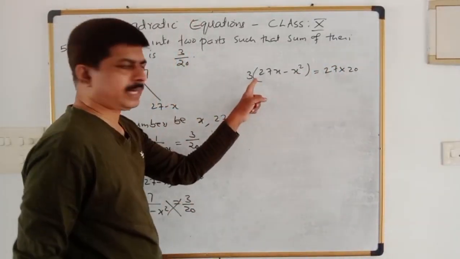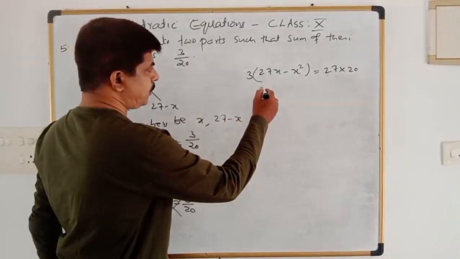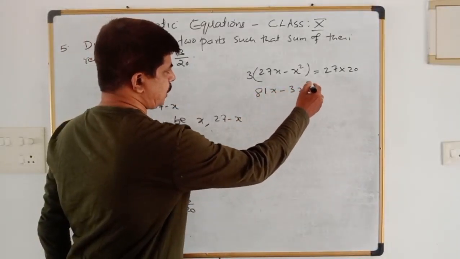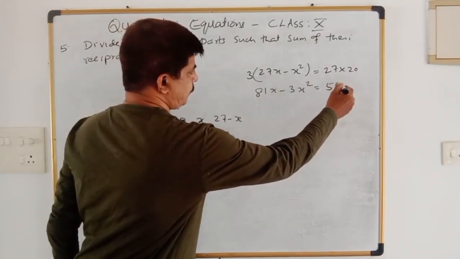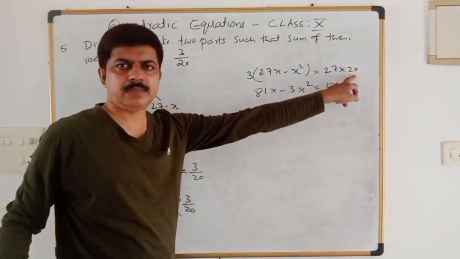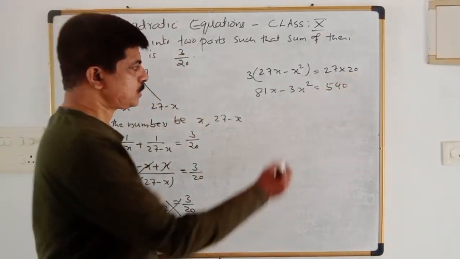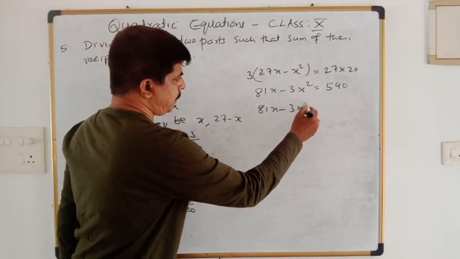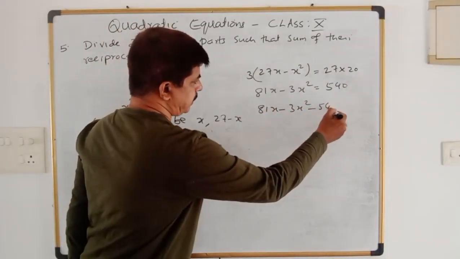So we open the bracket, multiply by 3. 81x minus 3x square is equal to 27 and 20 product, what? 540. So we will take the number 540 to the left side.